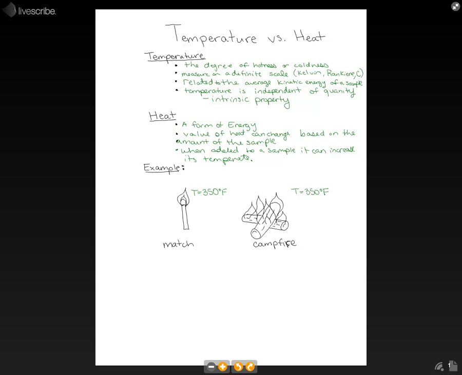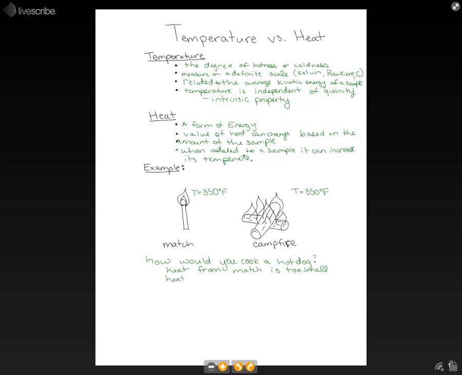So let's think about it as, how would you cook a hot dog? I've never seen anyone try and cook a hot dog over a matchstick, right? The heat from the matchstick is too small, even if it is 350.